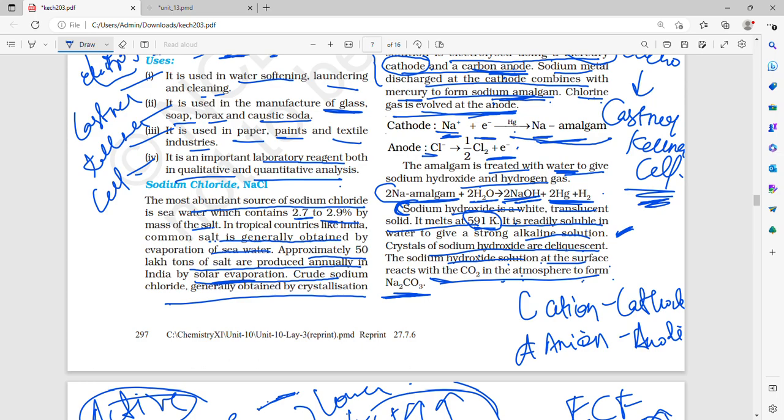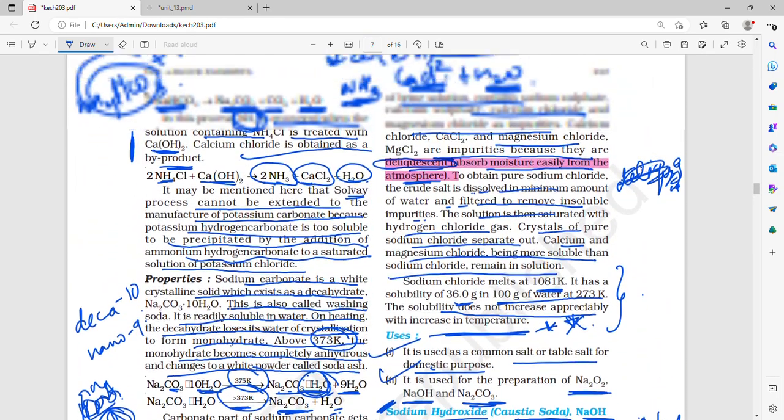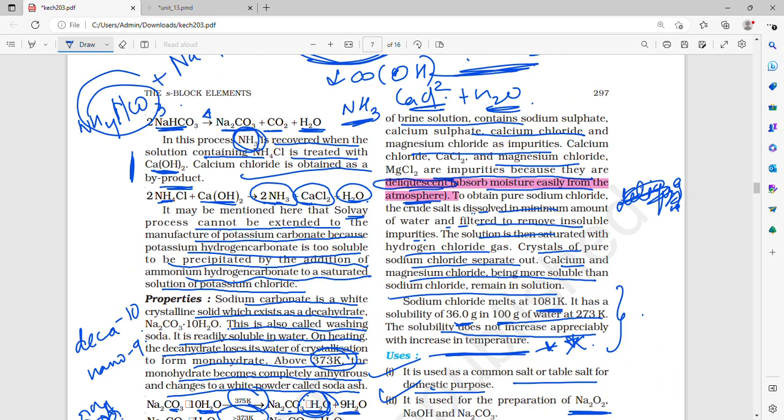Crude sodium chloride, generally obtained by the crystallization of brine solution, contains sodium sulfate, calcium chloride and magnesium chloride as impurities.